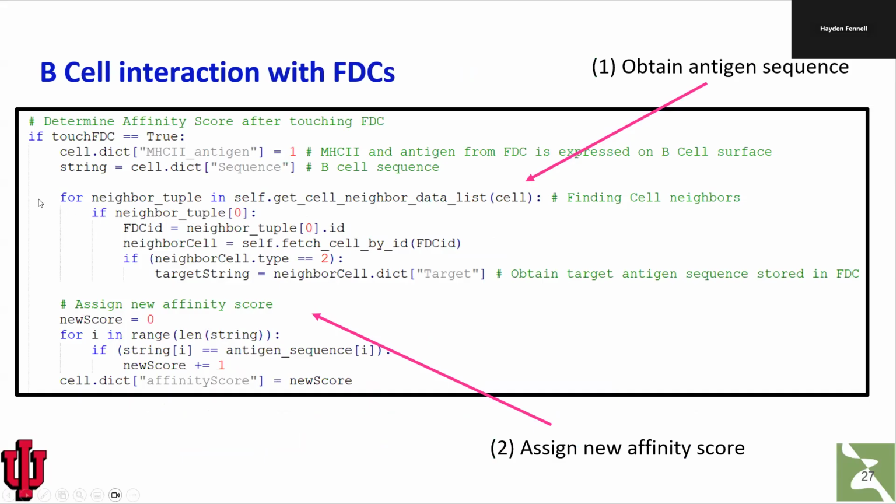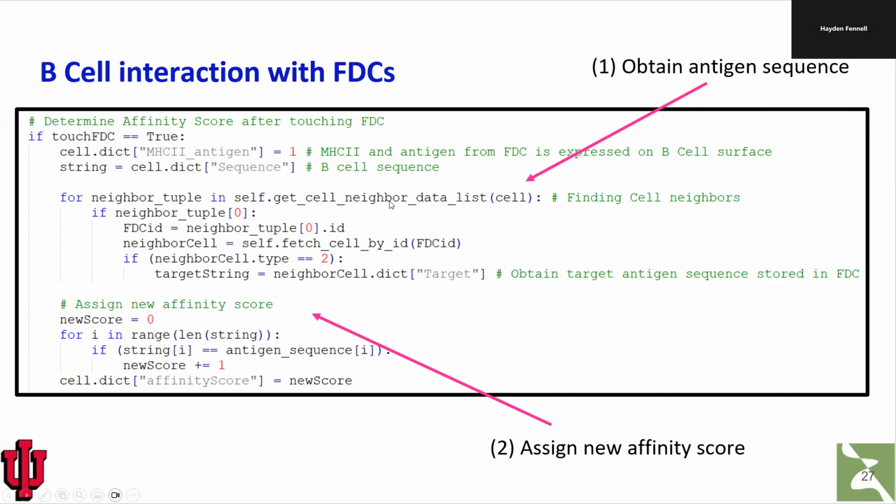For example, once this variable becomes true, meaning it's interacting with FDCs, a few things happen. Because the B cell uses the BCR to recognize or bind to the antigens, the first thing is it obtains the antigen sequence.